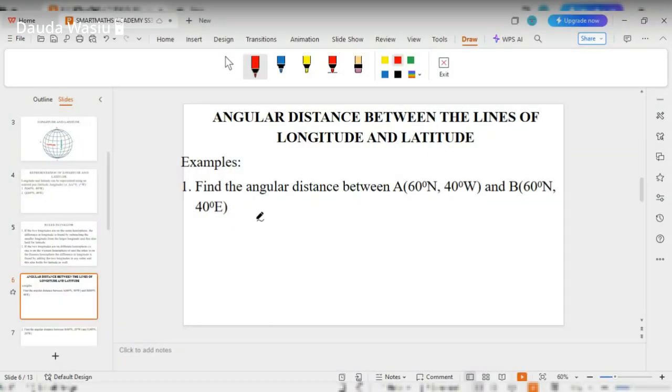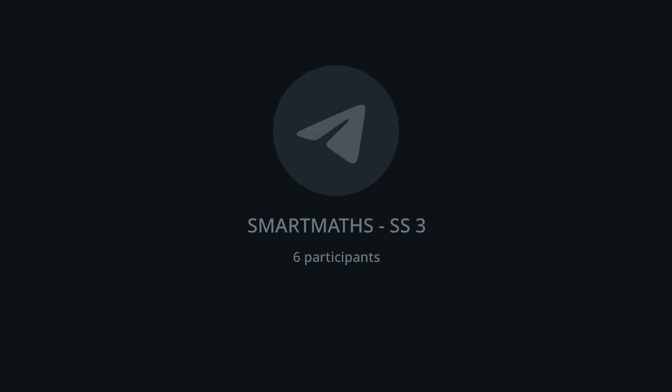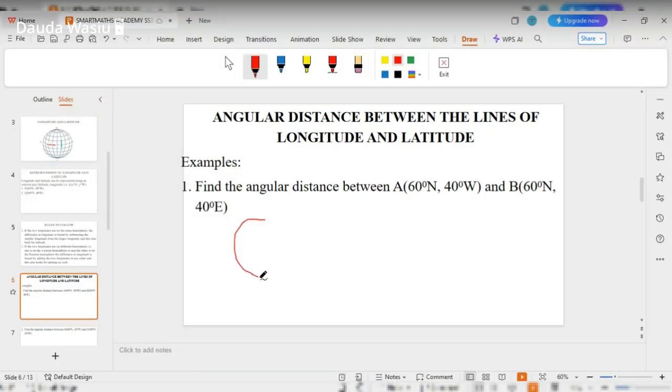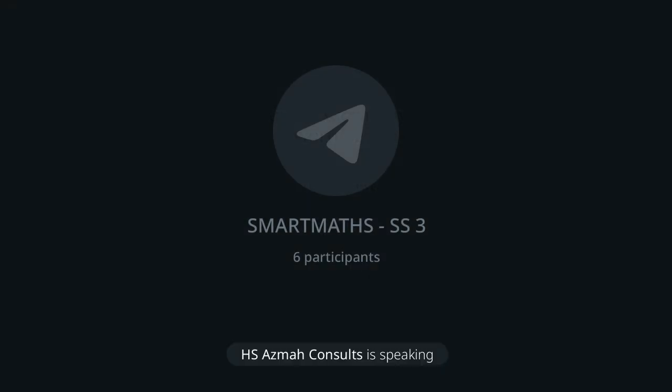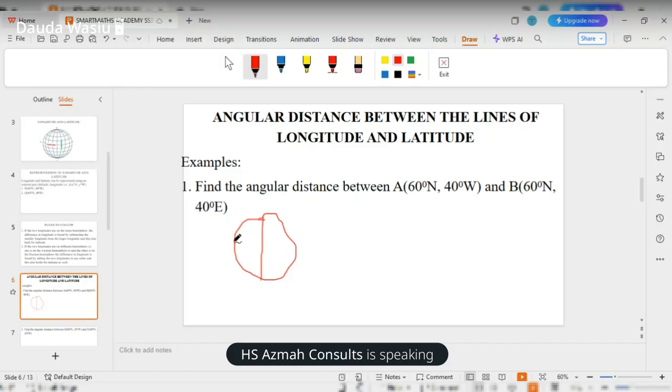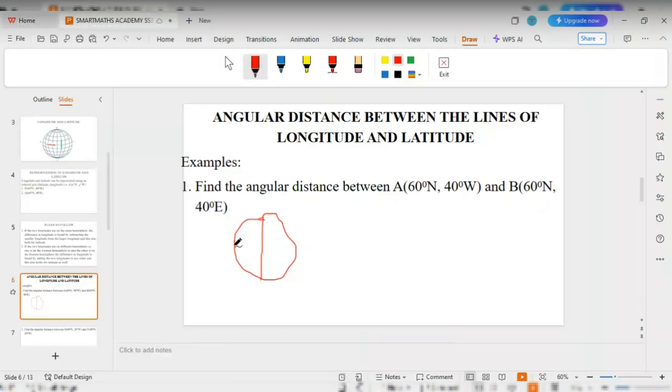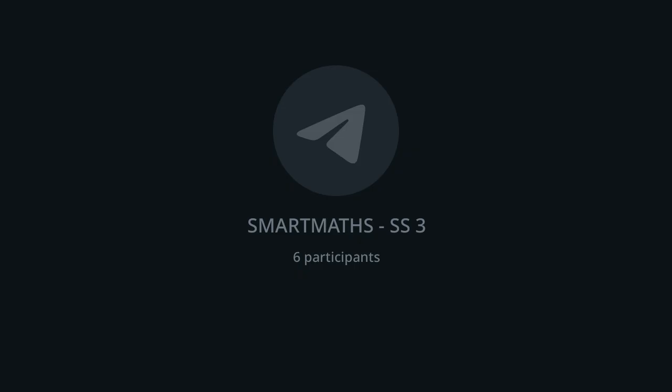So I'll use the rough sketch. I've told you I'm going to use this question to answer the location of a point and to get the angular difference. So let me have my rough diagram of a circle. Hope you can see my board. So this is the circle, the earth's surface.